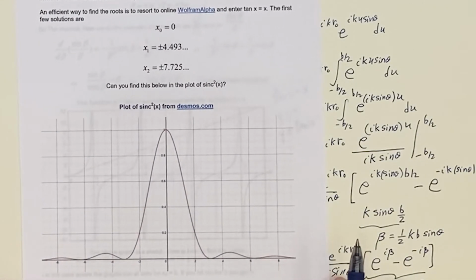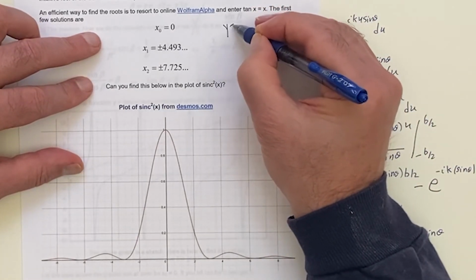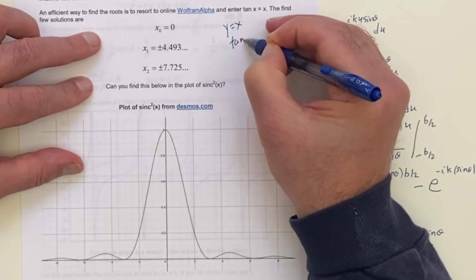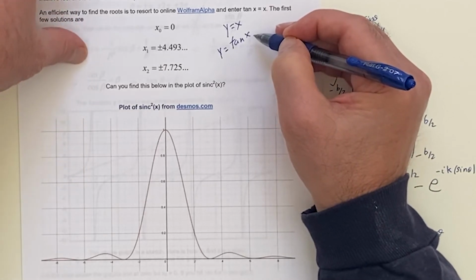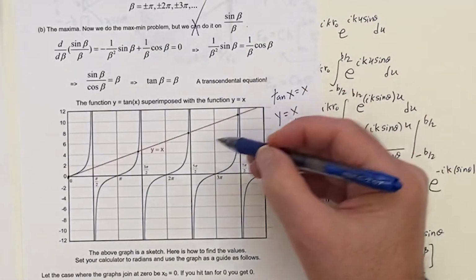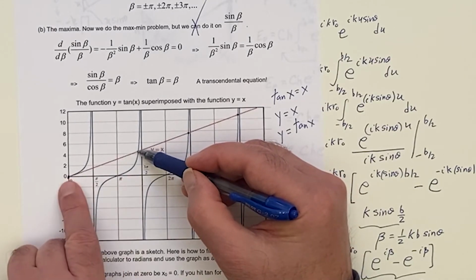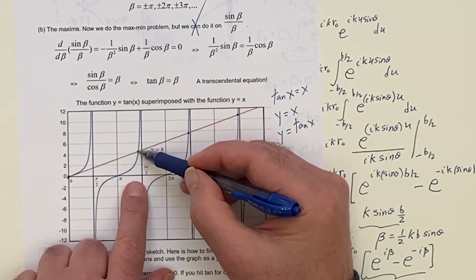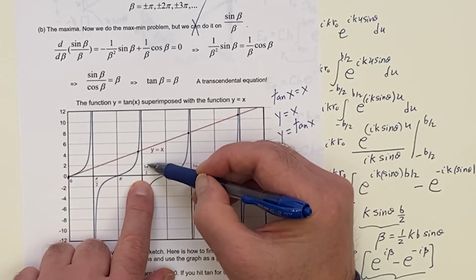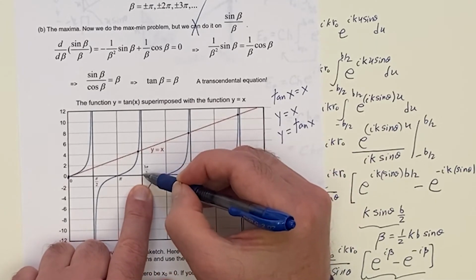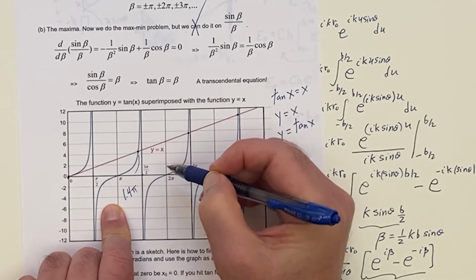I think it's cool to play around with the calculator, if you want y equals x and y equals tan x. If you look at the solution that we had over here, if that's the zero solution, or the central maximum, then here's the first one off to the side. And you're looking at, this is 1.5 pi, this is pi, so that's kind of like 1.4 pi.